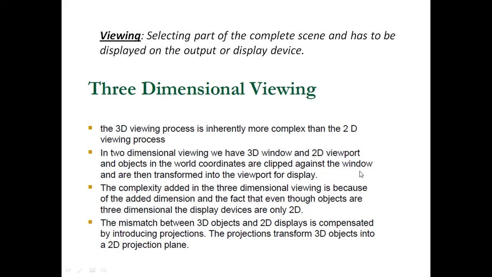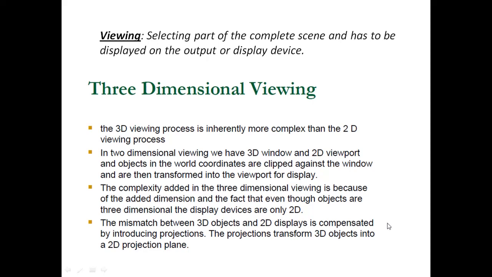So in the case of 2D viewing, it is a very easy process to display a particular portion of the image or the whole scene on the output device, because the output device itself supports a 2D format.